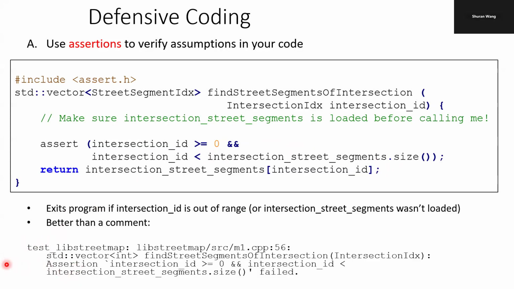And this will give you this message saying it fails the assertion at this line. This is better than a comment. This checks the correctness of your program at runtime, and it gives a useful error message. And it prevents your program from executing further given an invalid intersection ID or a global variable that's not already populated.